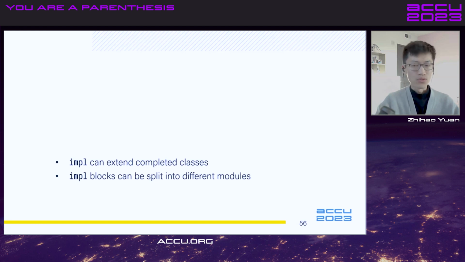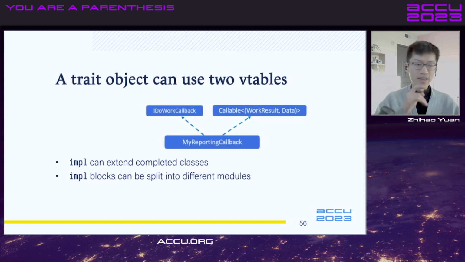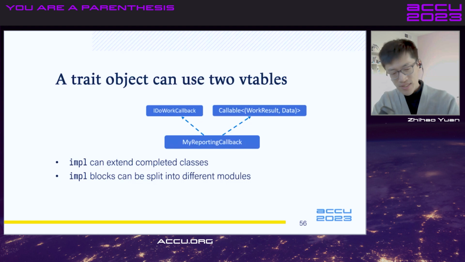So you don't have to provide all impl blocks at the same time. In other words, if we use the dyn keyword everywhere, it appears that the trait object can use more than one vtable. What does that mean?